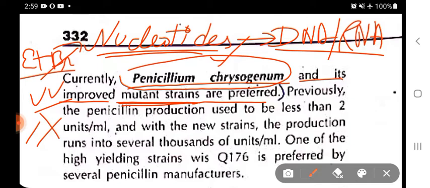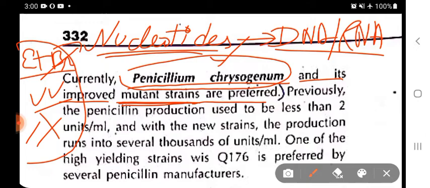After changing the nucleotide sequence, maybe that genome has some beneficial characteristics.